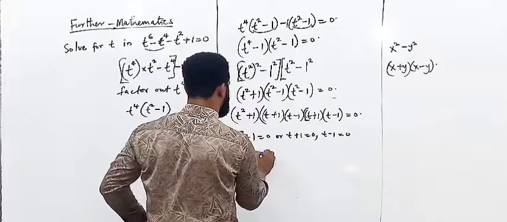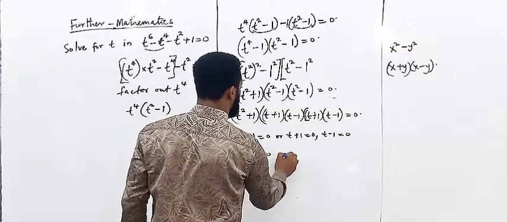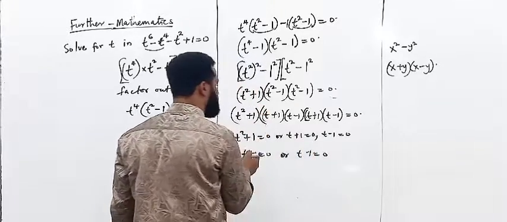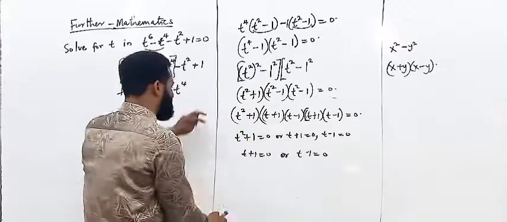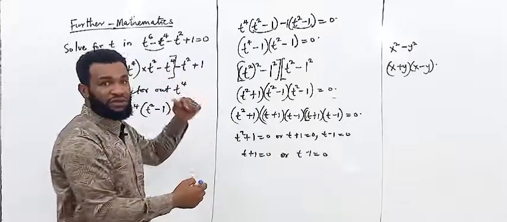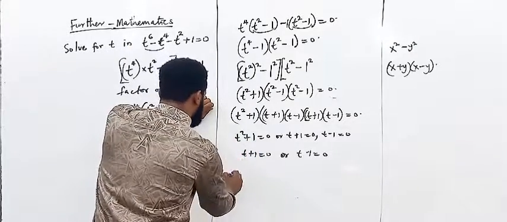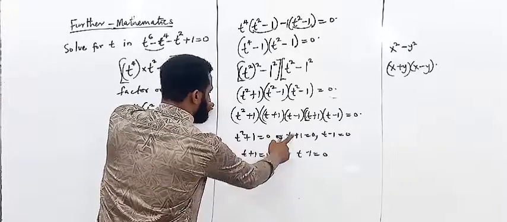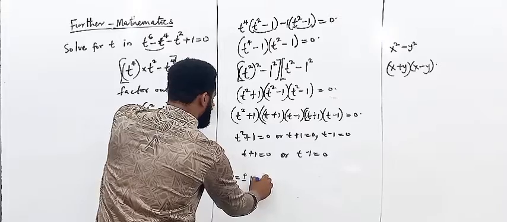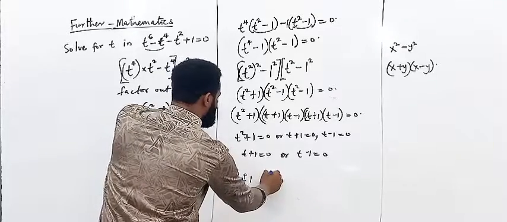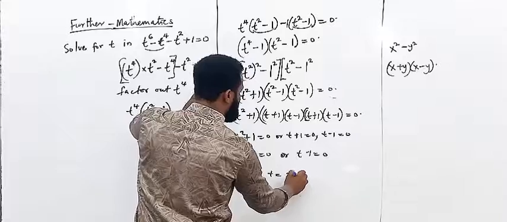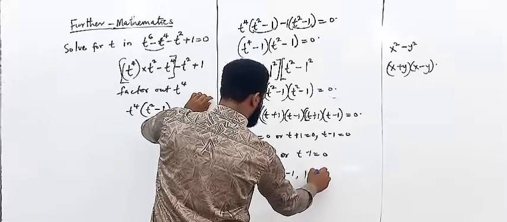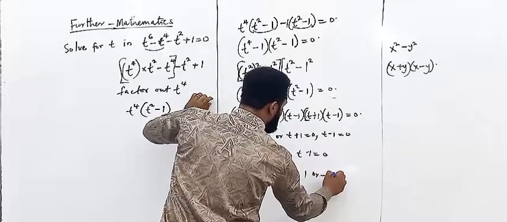So t plus 1 equal to 0 and or t minus 1 equal to 0. If you check very well, we are solving for the value of t. t is going to be equal to plus or minus 1. For this one, t is going to be minus 1, or t is going to be 1, or minus 1, or 1.